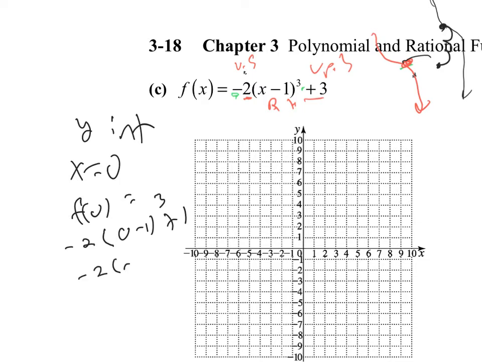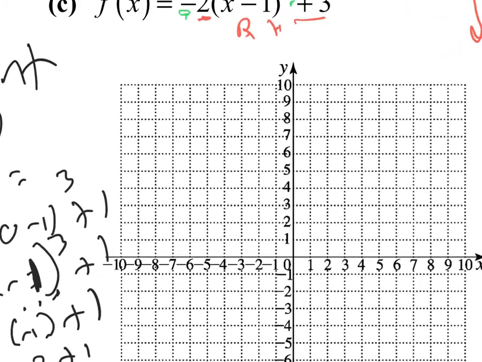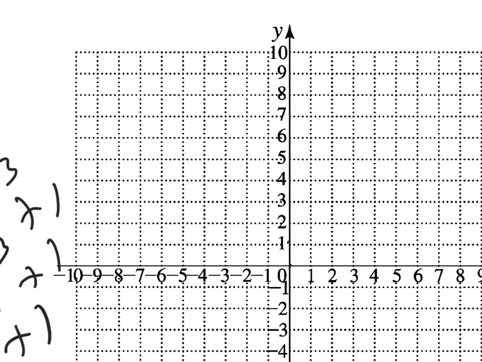And you need to realize that when you cube a negative number, it's still negative, because a negative times a negative times a negative is still negative. So that's a negative 2 times a negative 1 plus 1. 2 plus 1. 3. Interesting. I told you up 3. And look where I'm going. 1, 2, 3. Instead of 0, 0, where the original would have been.